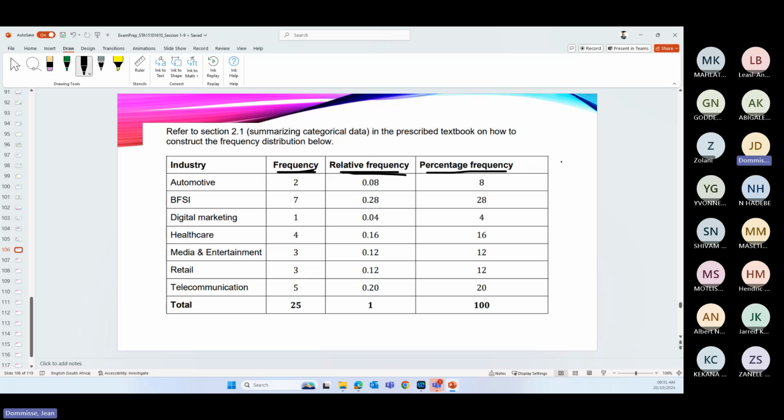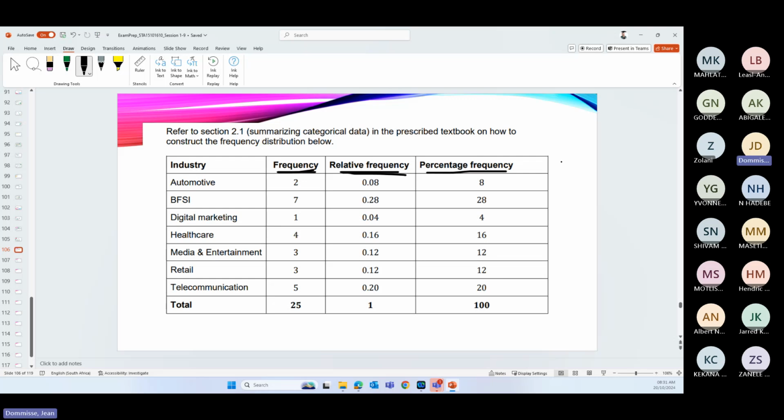But in this instance, there is no cumulative frequency, because it really does not make sense to do anything cumulative in this environment.